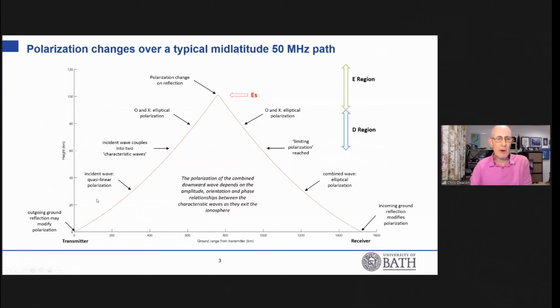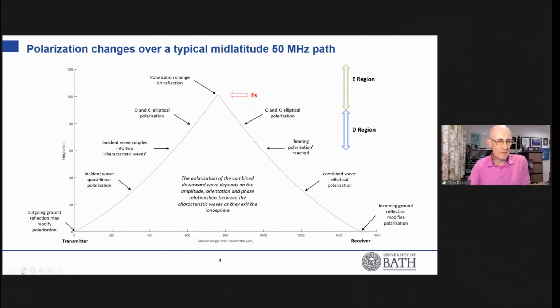Firstly, a linearly polarized wave, let's assume it is linear, as it enters the ionosphere, cannot propagate in the magnetized plasma, as we've heard a couple of times already today. It splits into these ordinary and extraordinary waves. They have opposite senses of rotation. They are elliptically polarized. There's some sort of change on reflection at the top there.